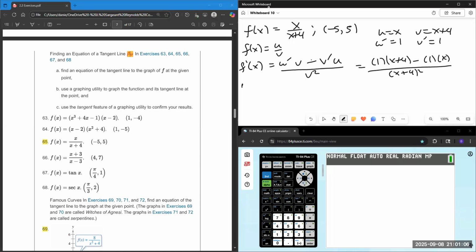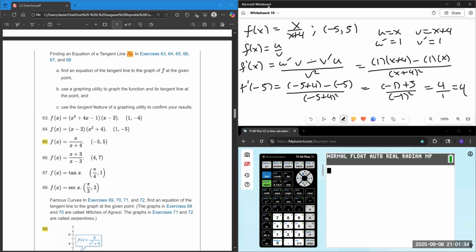So f prime of negative 5 is negative 5 plus 4 minus negative 5 over negative 5 plus 4 squared, is negative 1 plus 5 over negative 1 squared, is 4 over 1, is 4.